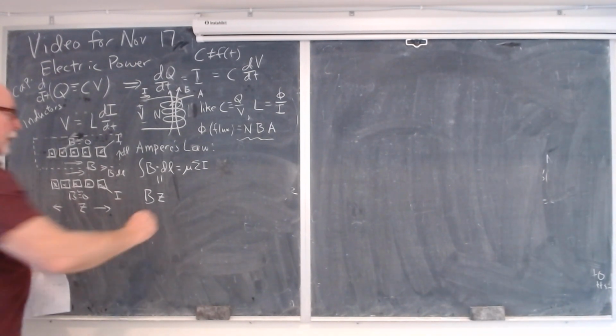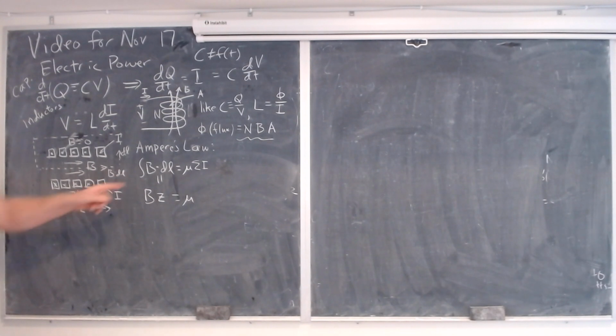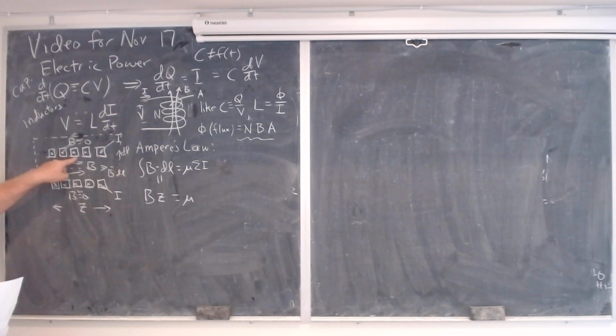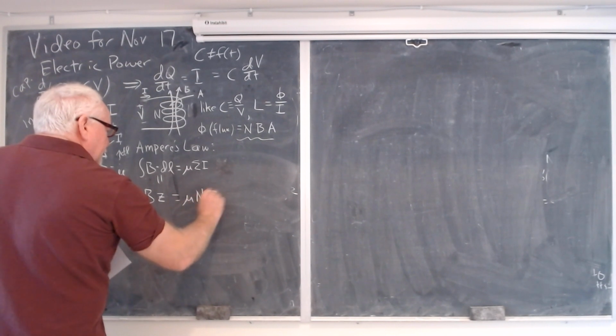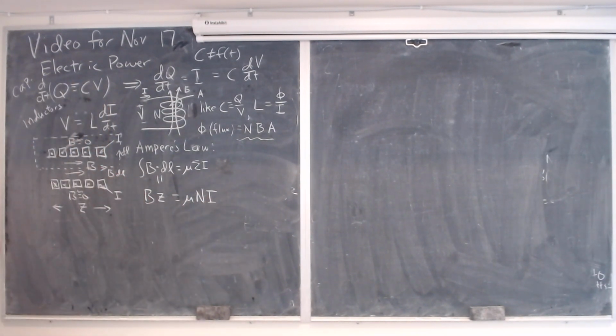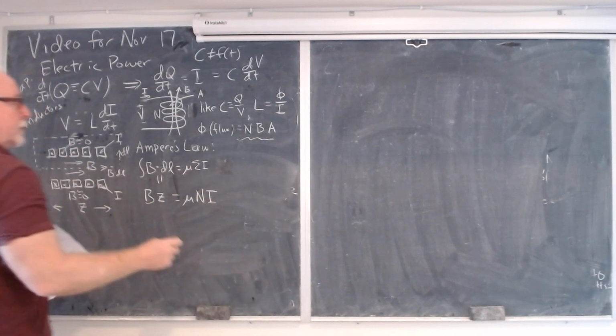Easy. All right, and now, Ampere told us that this integral, when you go all the way in, is equal to the amount of current that's enclosed. So if you look at it, the amount of current that's enclosed is actually equal to N times I, where N is the number of turns. Okay, and so now we go back over here.